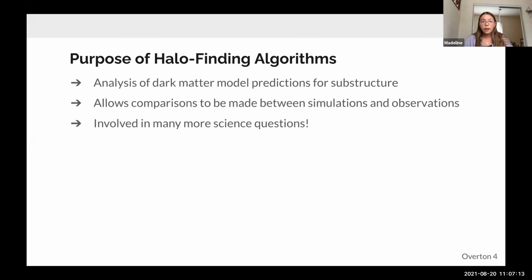They're also necessary for making comparisons between simulations and observations, and this will also allow us to improve on simulations and our models as well. And since halo finders are involved in so many different kinds of projects, it's a concern that halo finders might be missing some subhalos, because that would affect the analysis and any kind of work that is using these halo finders.